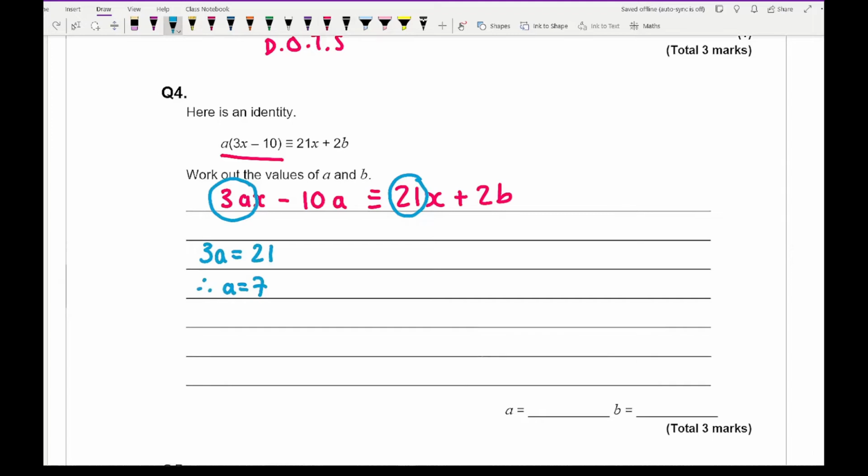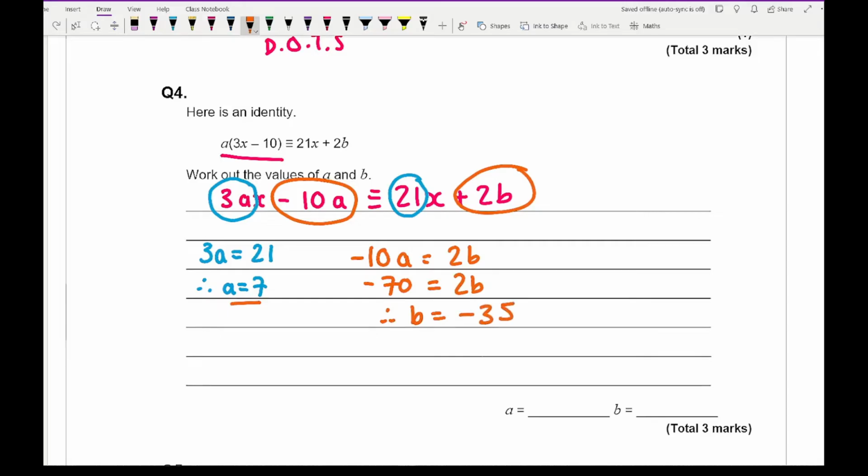For the next one, if we circle everything else that's left, so everything without an x, we've got minus 10a equals 2b. Now we know that a equals 7, so this is going to be minus 70 equals 2b, so therefore b equals minus 35, and so here I can write 7 and minus 35.